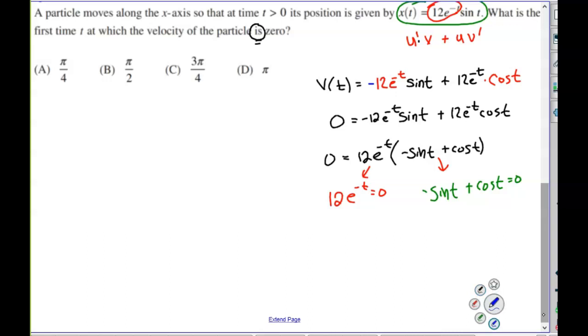This one's interesting. If I divide by 12, I end up with e to the negative t equals 0. If I take the natural log of both sides, get rid of the e, I end up with negative t equals ln of 0. What is the natural log of 0?